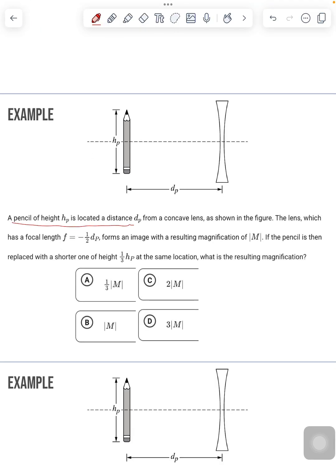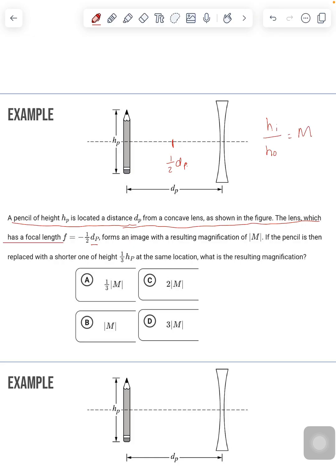A pencil of height HP is located distance dP from the concave lens as shown in the figure. The lens, which has a focal length of negative 1/2 of the image distance, so it's going to be right here at 1/2 dP, forms an image that results in magnification M. If the pencil is then replaced with a shorter one at the same location, what is the resulting magnification? Okay, so we need to figure out hi over ho.